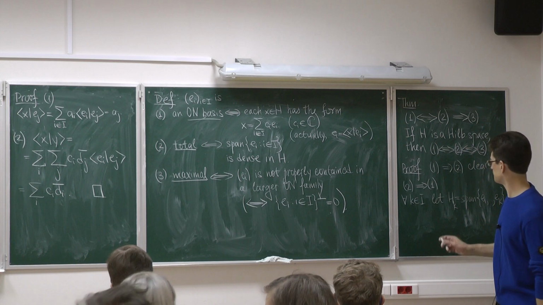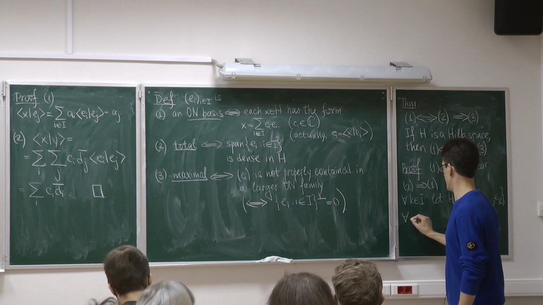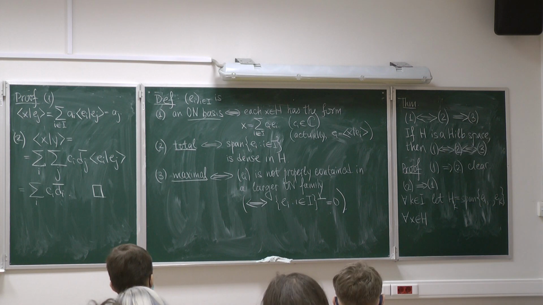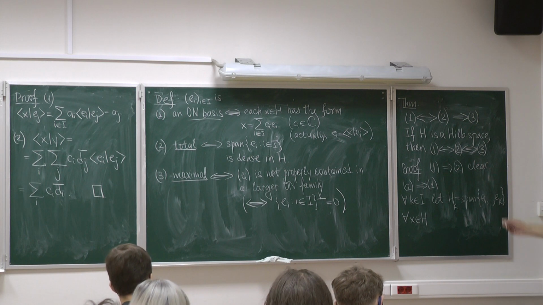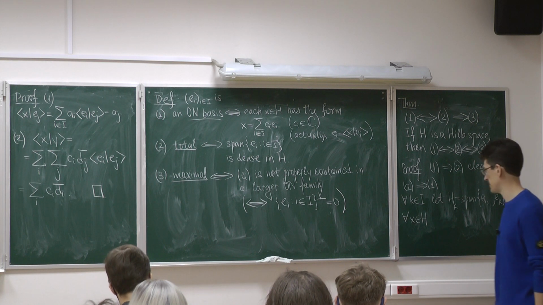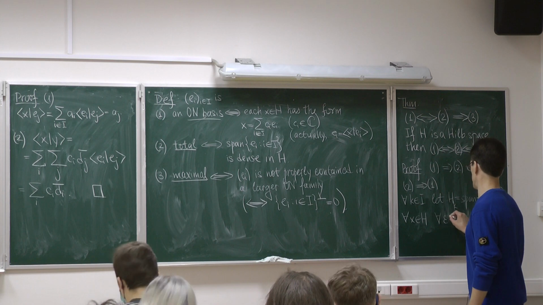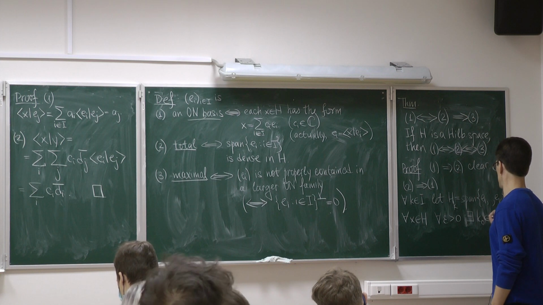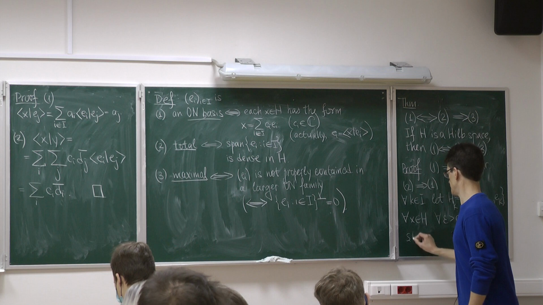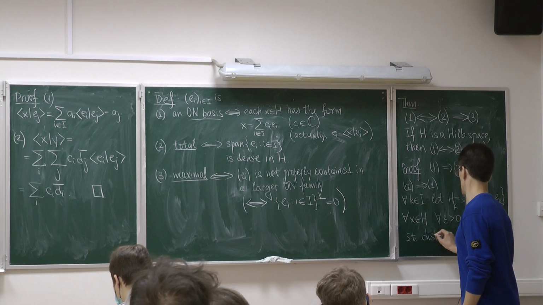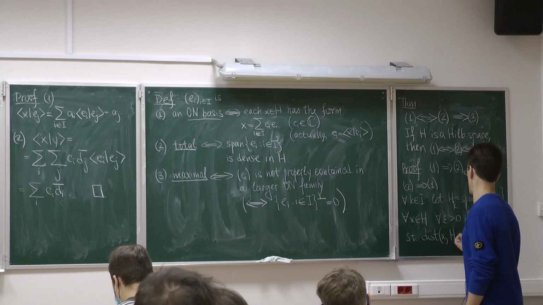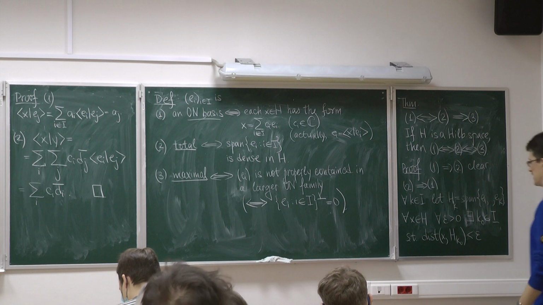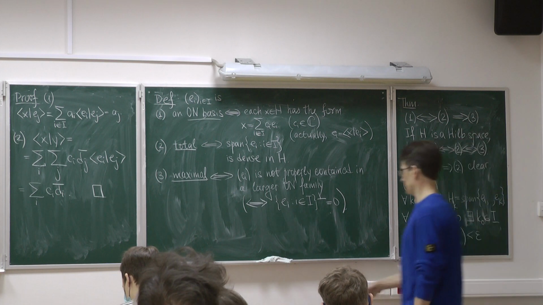By assumption, each element x in H can be approximated by finite linear combinations of elements of our orthonormal family. So for each positive epsilon, we can find an element k_0 in I such that the distance between x and H_{k_0} is smaller than epsilon.